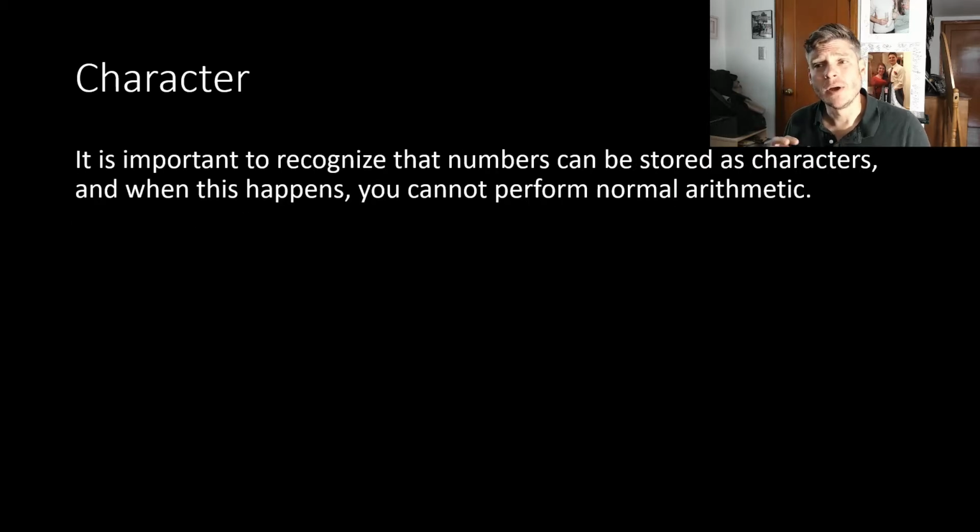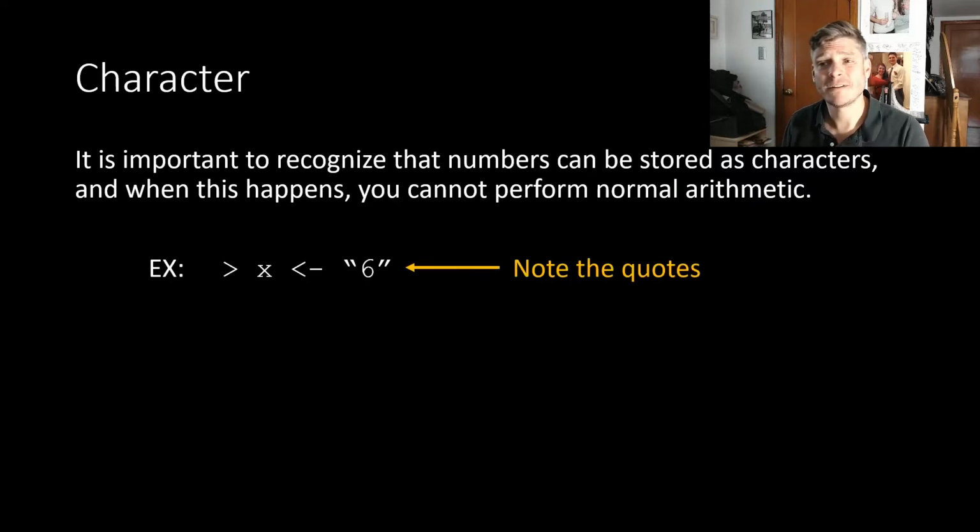Now, it's really important to recognize when things are being stored as characters, because numbers can be stored as characters, and when this happens, we're not going to be able to perform arithmetic with it. All right, so for example, let's say I have my variable x, and I want to store 6 in there.